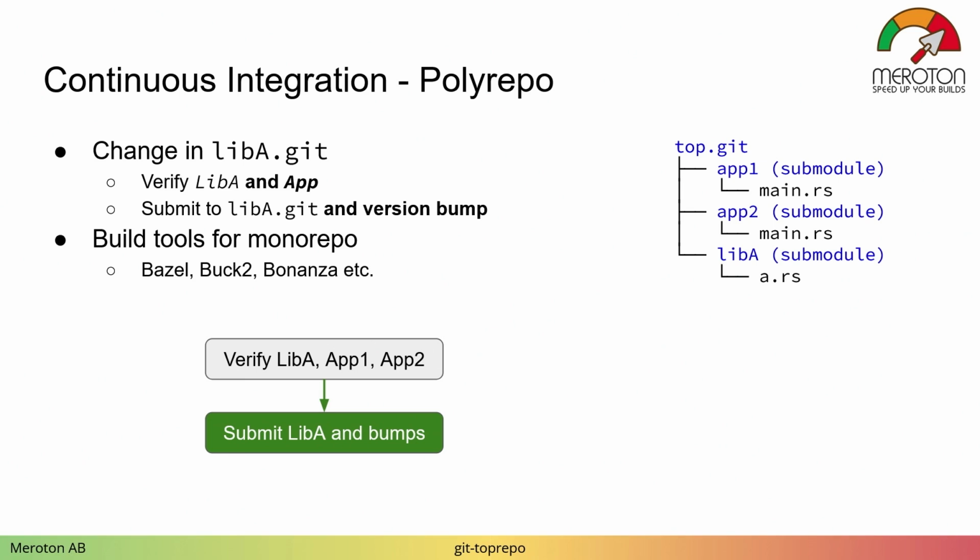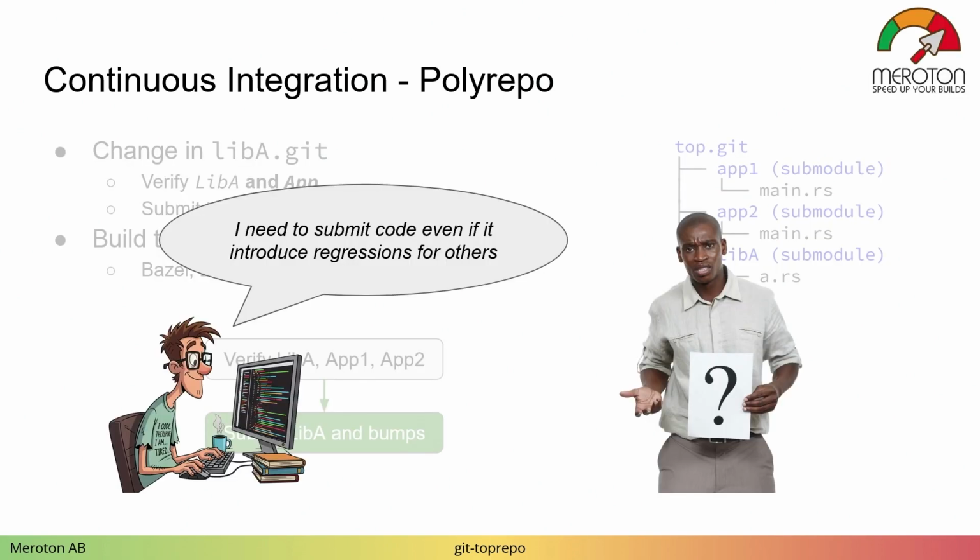Or if you multiply by 100, it's a bit more problematic. Now, I have heard people saying, but I need to submit code into my repository, even if it introduced regressions for others. I was very surprised by that argument to not verify the code early. But yes, I have heard these arguments.